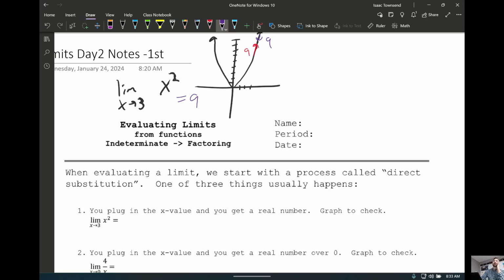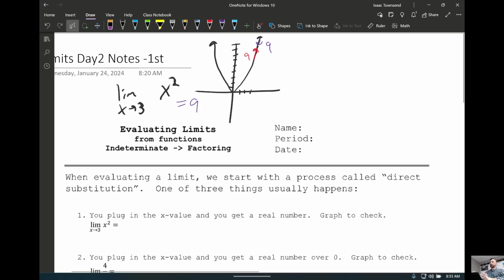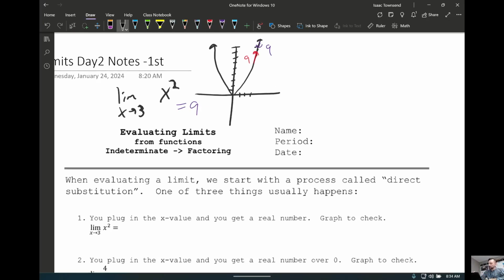But sometimes it's more complicated than x squared. It's not necessarily something that we know. Also, remember that if there was a hole here, this still equals 9. Or if there was a hole here and the point was somewhere else, this still equals 9. Because limits are not points. Limits are only describing the y value it approaches. It doesn't care what's happening at that value.